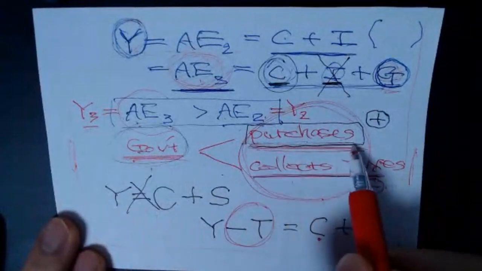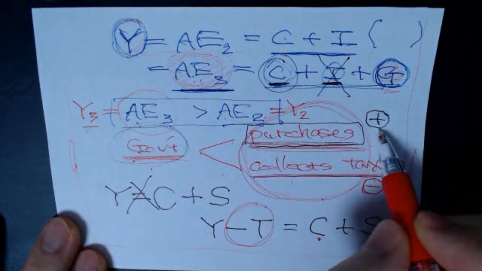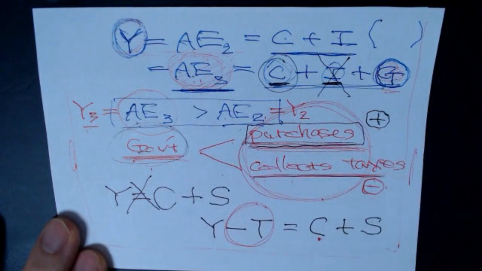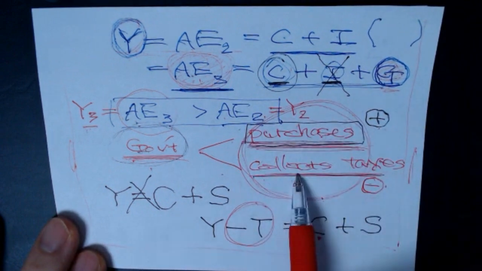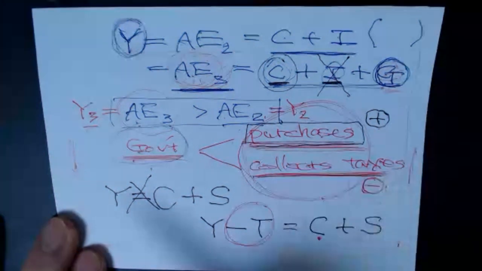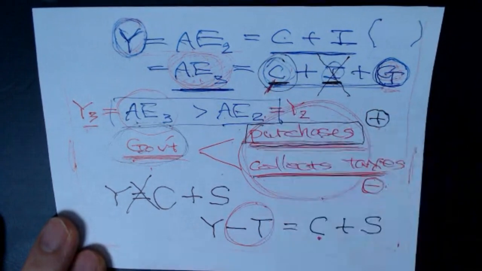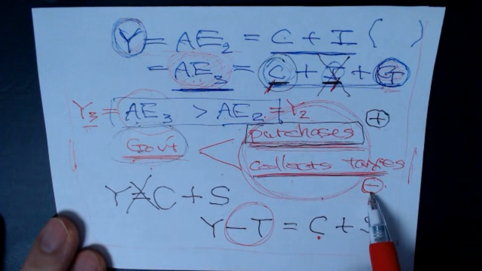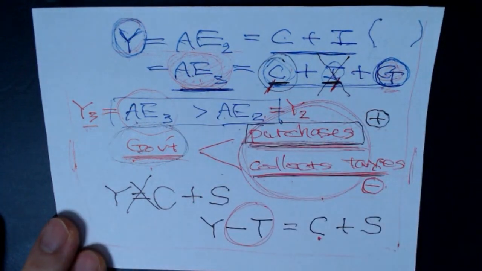Government purchases mean aggregate expenditure increases, a positive impact upon aggregate expenditure. But at the same time, where does the money for purchasing come from? It collects tax from households and firms. So collecting tax always reduces household consumption and firm investment. So this is the negative impact on aggregate expenditure.